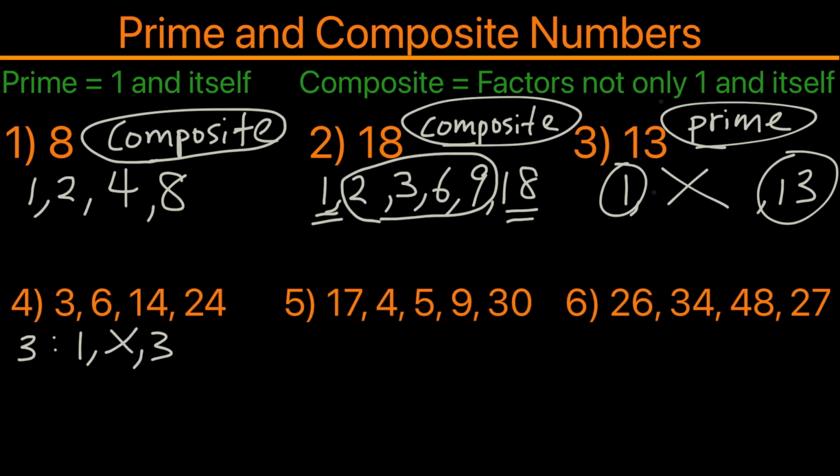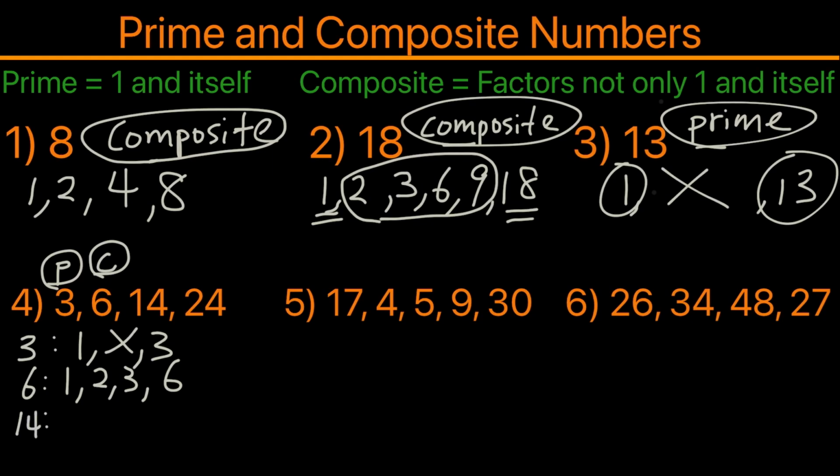So this would be prime, so we're going to put a P above. For 6, 1 and 6, 2 works, and 3 works. So C would be a composite number.